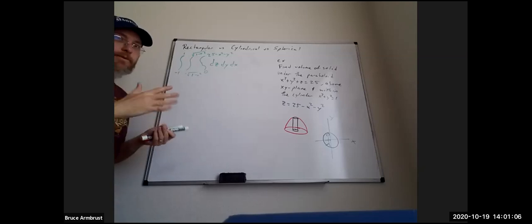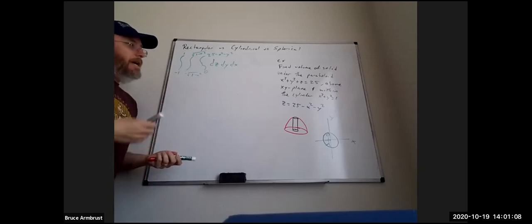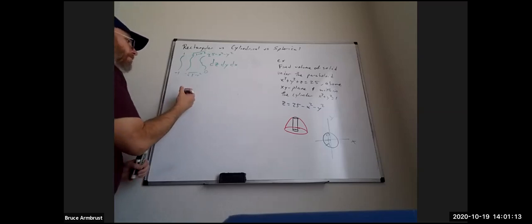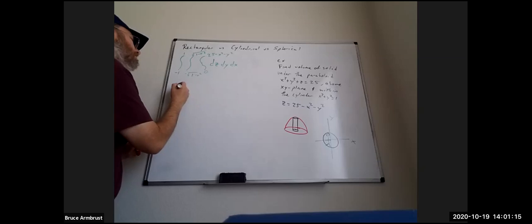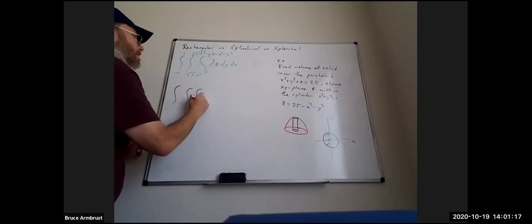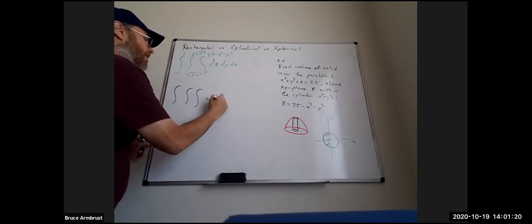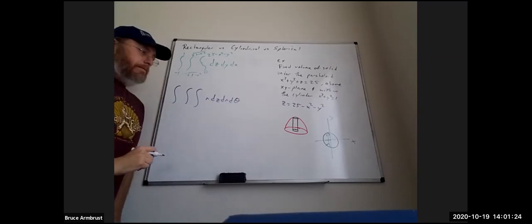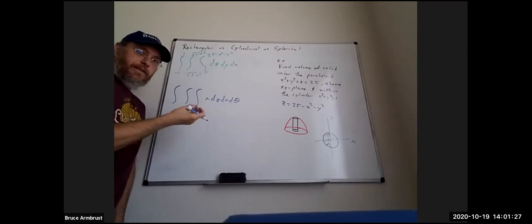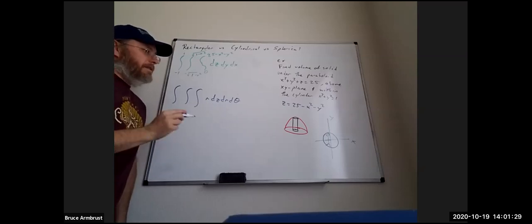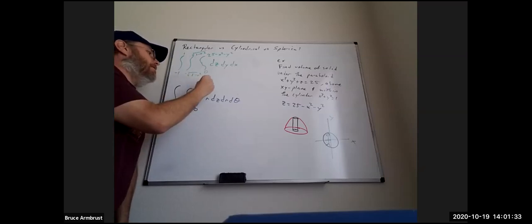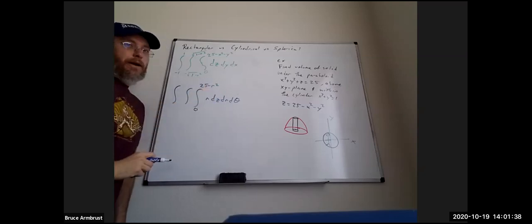So that's what this would look like in rectangular. No big deal, right? It's not that big of a problem. However, check out how much easier this is in polar. So if we go to polar, or in this case cylindrical, now we're going to integrate r dz dr d theta. That r shows up because of the dV chunk. The z's, we're still going from 0, but now the top surface is 25 minus r squared.